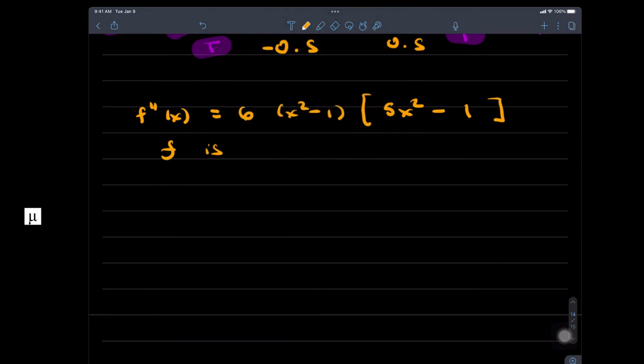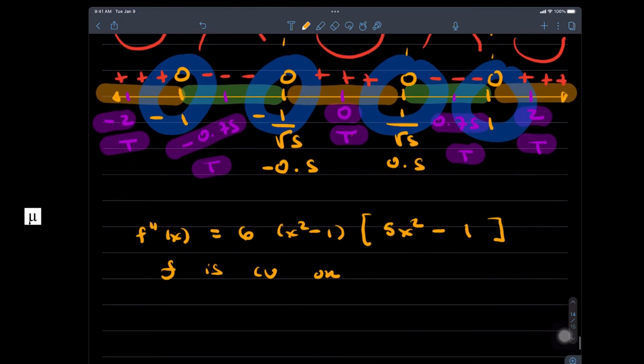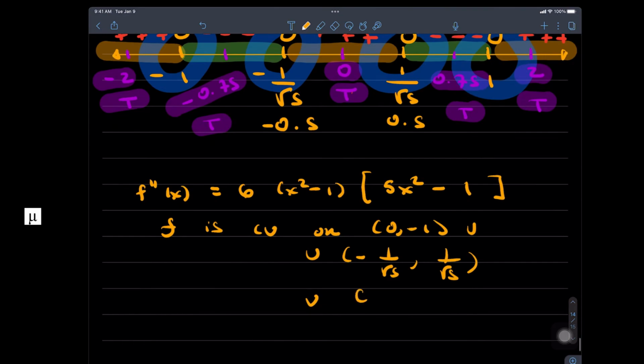F is concave up on, let's see, region 1, 3, and 5. So 0 to negative 1, and then, well, we'll do it this way. Negative 1 over the square root of 5, positive 1 over the square root of 5, union 1 to infinity.